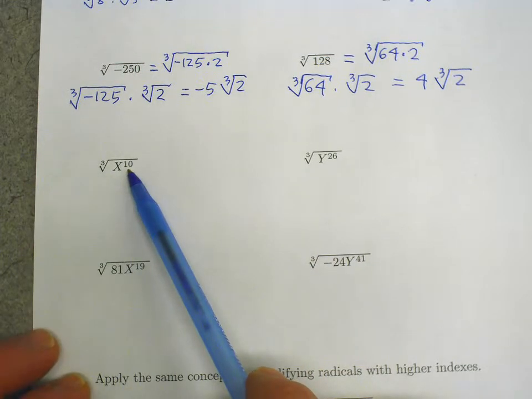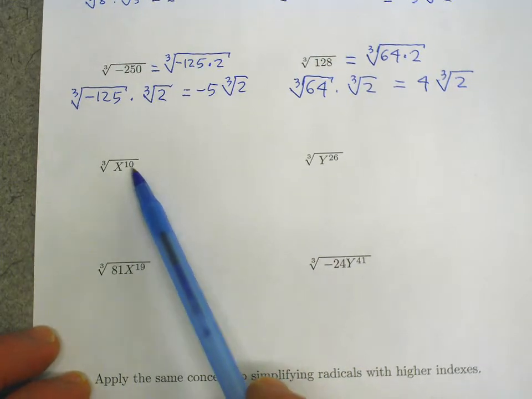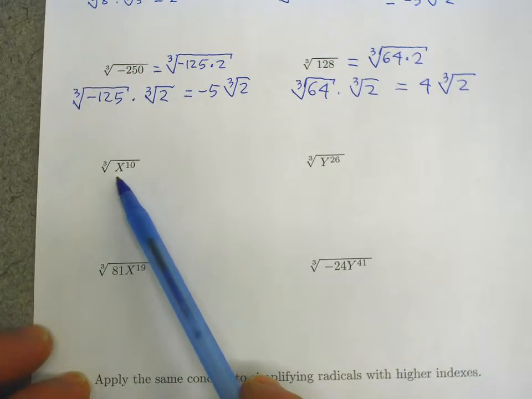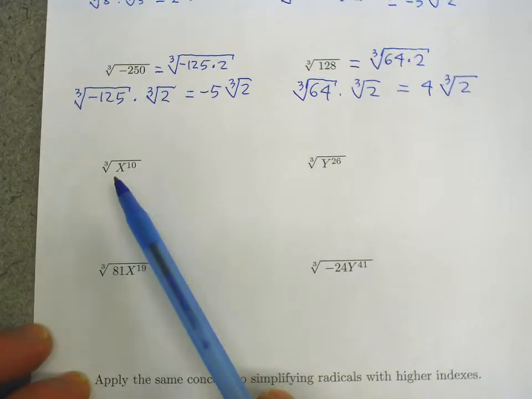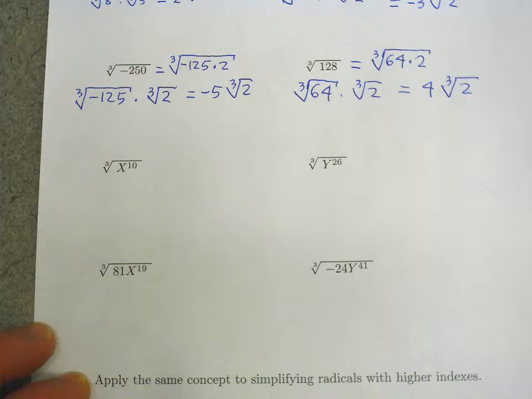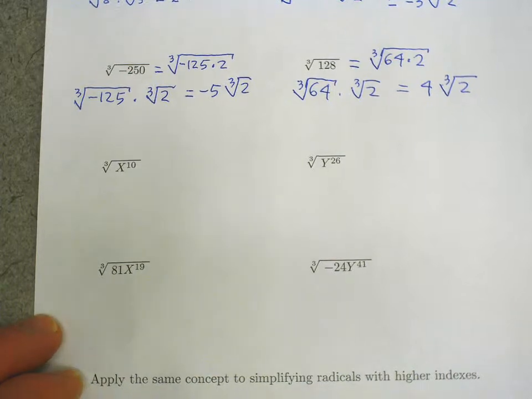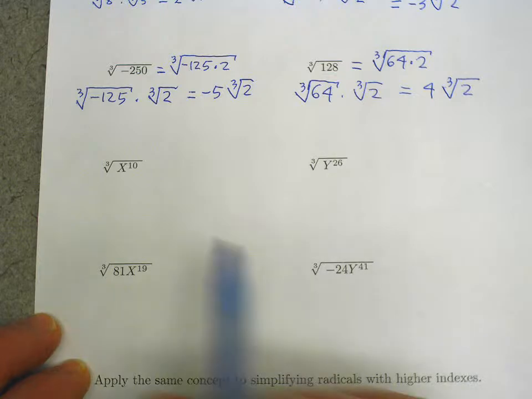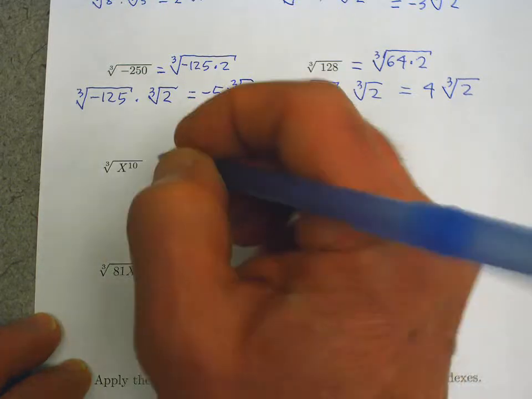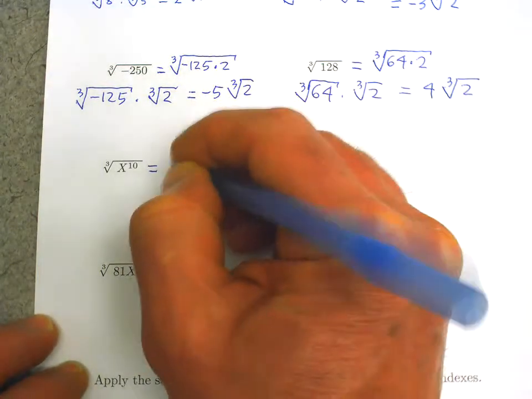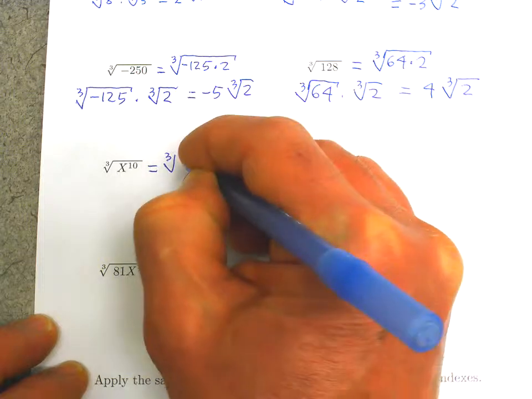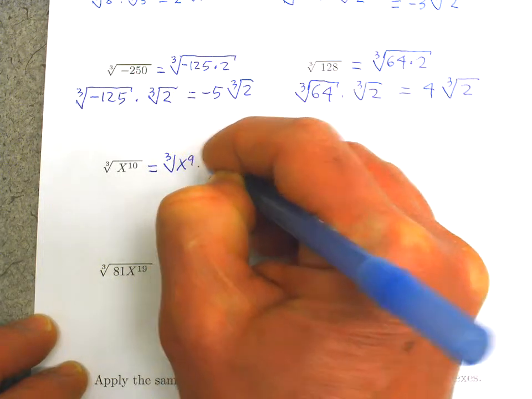The exponent 10 is not a multiple of 3, but the largest factor of x to the 10th that does have an exponent that's a multiple of 3 is x to the 9th. And x to the 9th times x is x to the 10th. Okay, so we will write this as the cube root of x to the 9th times x.